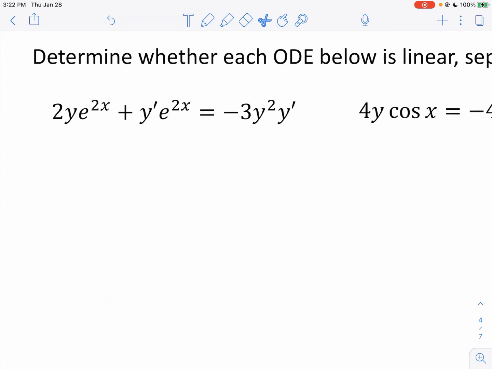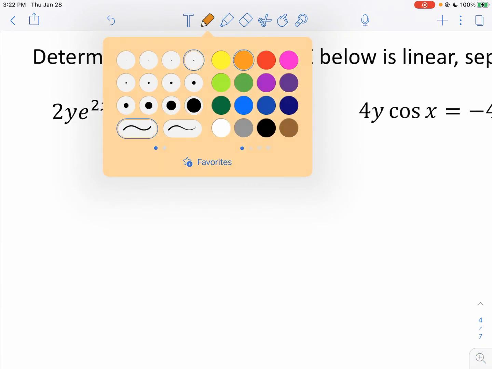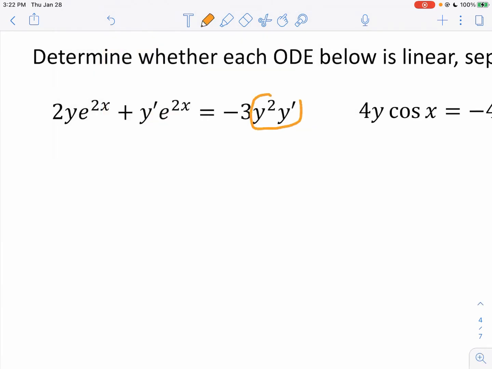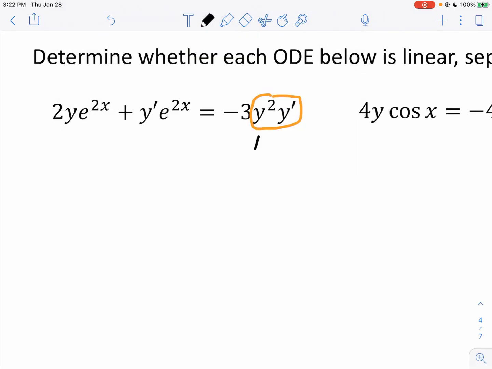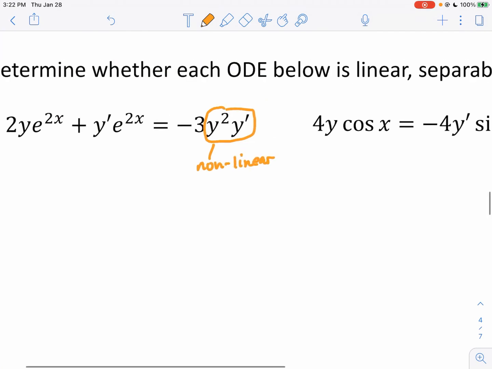I'm going to just delete all that for space sake and just point at this term right here to indicate the issue. The fact that we have a y squared lying around here is definitely a nonlinear term.